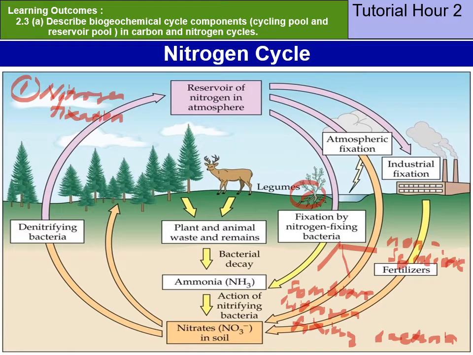During fixation, free nitrogen is either converted into amino compounds which are directly used by plants through food chains, or is converted into nitrate compounds in soil and made available to plants. The non-symbiotic, free living nitrogen fixing bacteria, for example Azotobacter, convert free nitrogen into amino compounds in the presence of oxygen and water.